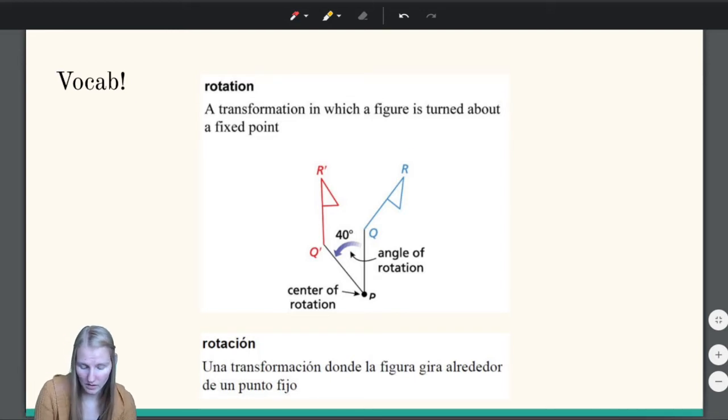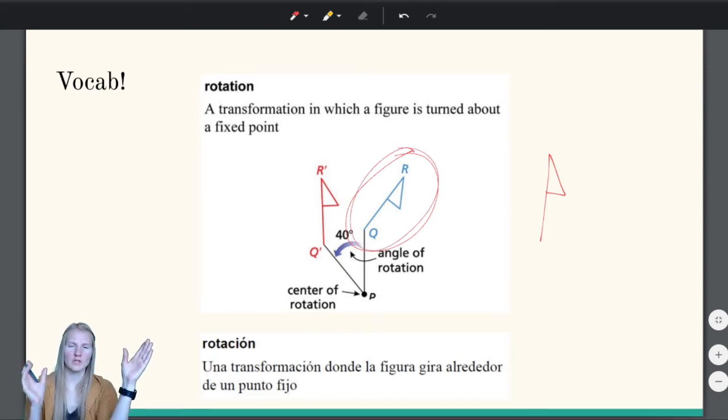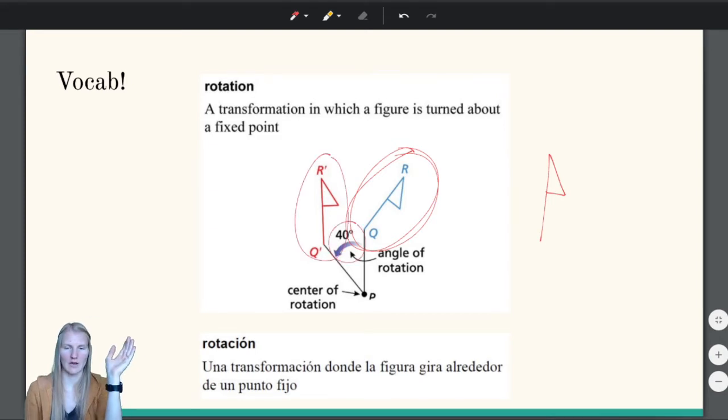So here we have this shape, kind of like a flag, in the blue, and we have rotated it. We've turned it 40 degrees to the left, or 40 degrees counterclockwise.